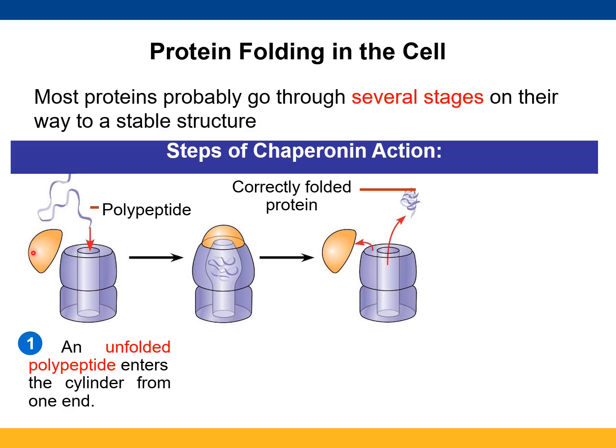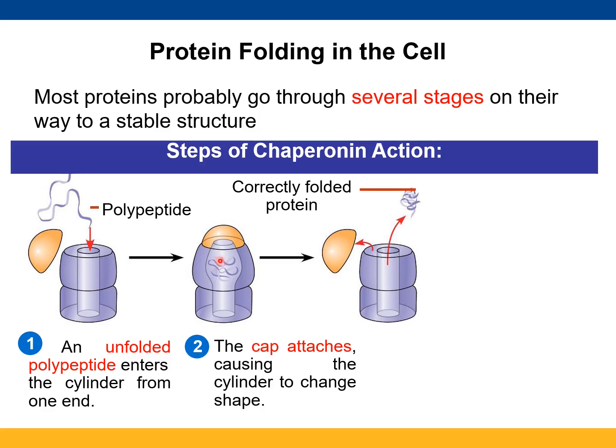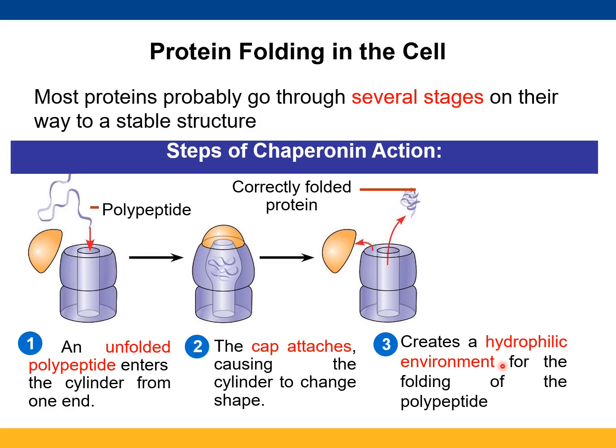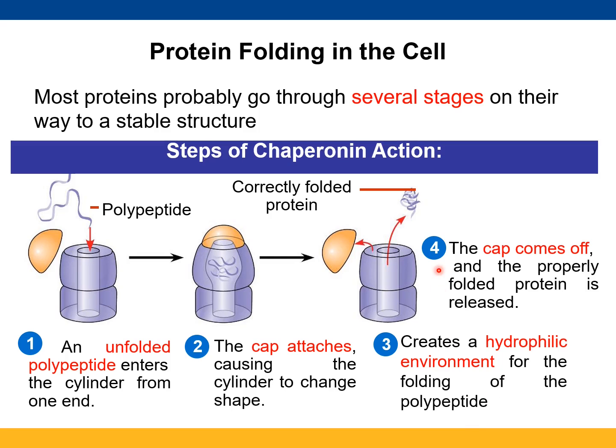In the beginning, you remove the cap, as I said before, and the unfolded polypeptide enters the cylinder from this end. Then the cap attaches again, causing the cylinder to change in shape. This hydrophilic environment creates the right environment for the folding of the polypeptide, and at the end the cap will come off and the properly folded protein is released.